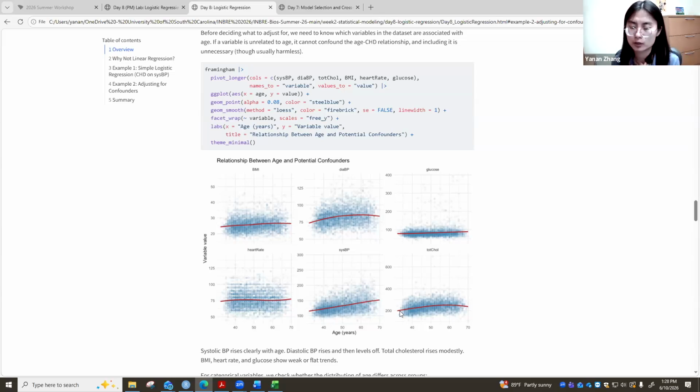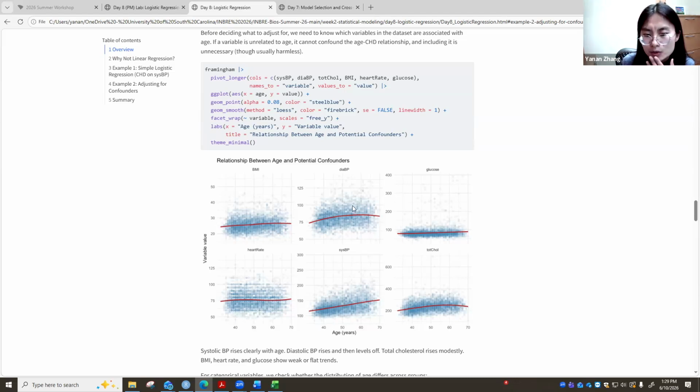And for the total cholesterol, we can see it goes up, and at the end it goes down a little bit. But Dr. McLean has explained this part could be due to some selection bias, because people who survive at an older age might have smaller total cholesterol levels.